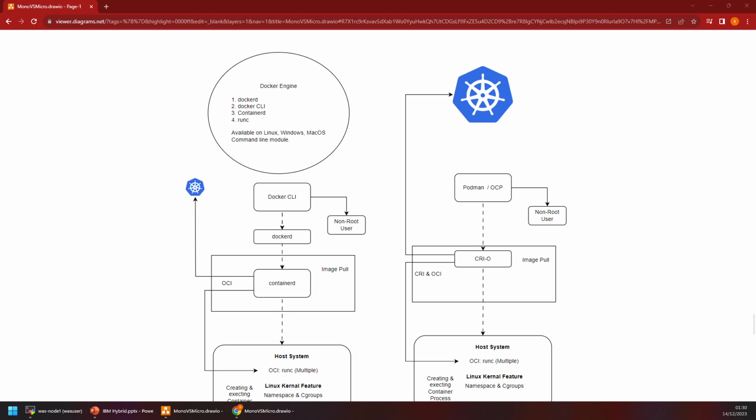Now, how are we going to choose between Containerd and CRI-O? If you are looking for integration with Kubernetes, then obviously there's no other choice. You have to go with CRI-O because that is the natural choice, because it is optimized for the Kubernetes environment and it follows Kubernetes container runtime standards.